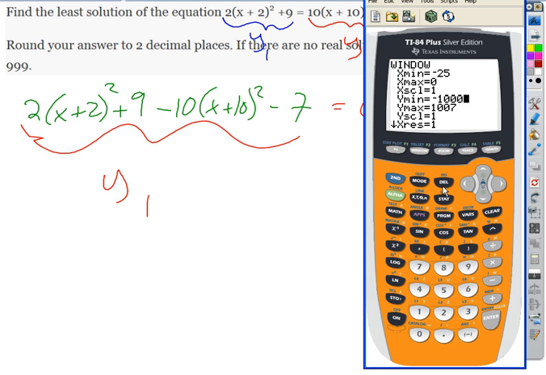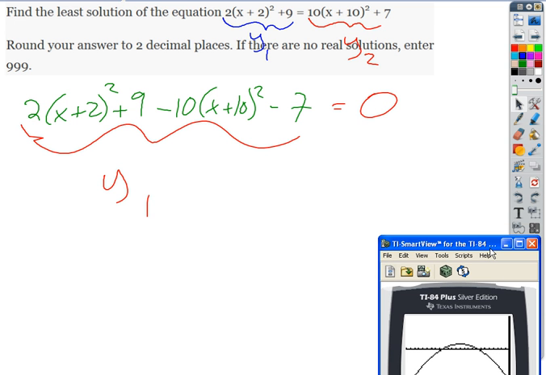That way, at least the x-axis will be in the middle. If I hit graph, those are big numbers, but that's okay. I mean, that's what I see. So now, if I want to find the solution here, what am I looking for? If I'm setting y equal to 0, where does that happen?